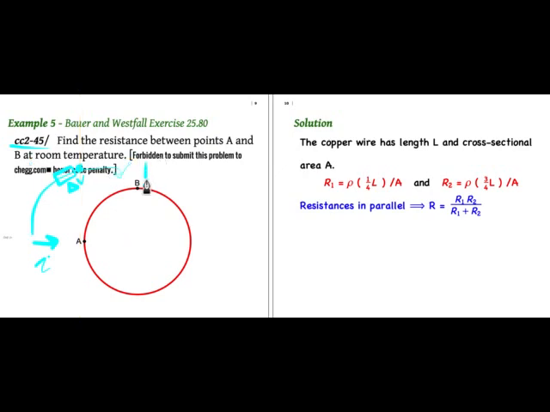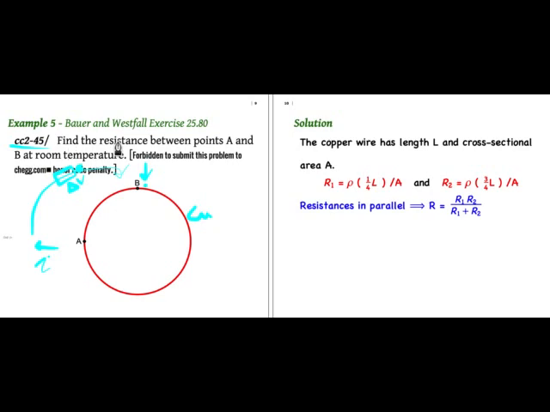Current will be going in here, the way I've got the battery here. The positive electrode will deliver current to point B, and there'll be a current coming out from point A and going back into the negative electrode of the battery. So I have a loop of current. And I guess it tells you that it's copper.